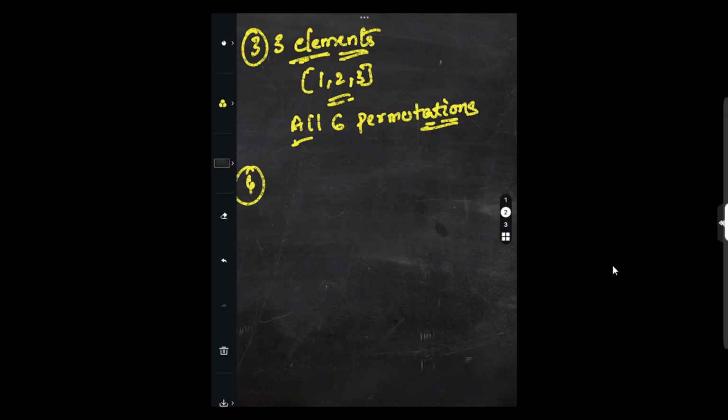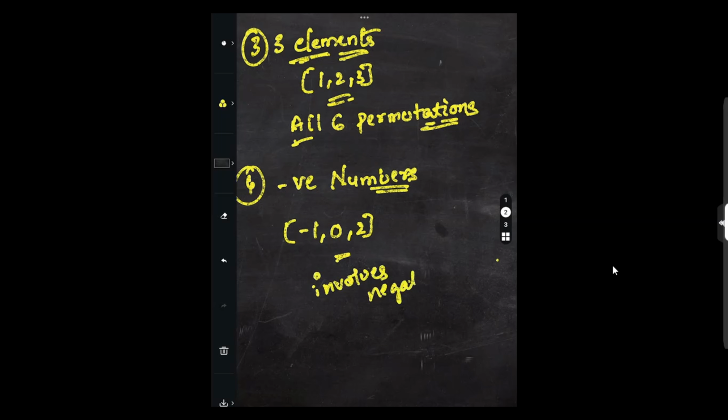Let's move on with the final edge case, or the fourth edge case, negative numbers. When I say negative numbers, we have to consider negative numbers, right? I'll just consider here -1, 0, 2. So here the output involves negative permutations, right?